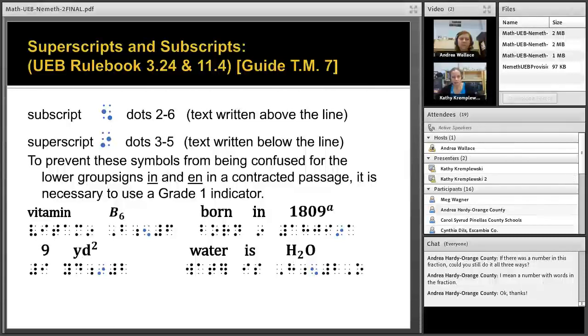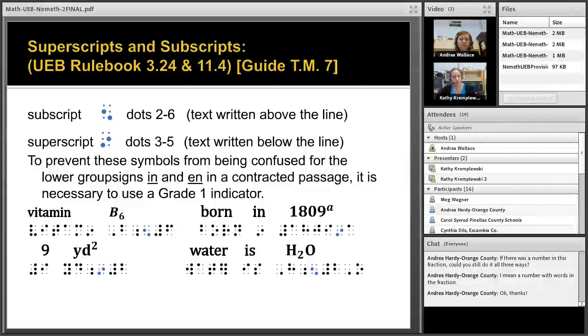Then, born in 1809, this one I actually corrected because when I used it in Pinellas, I had a grade 1 symbol indicator before that superscript A, which you don't really need because grade 1 numeric indicator starts grade 1 mode also. So that's why here you don't need it, just the superscript sign A. And you don't have to worry about the A being confused with a number because the superscript sign's in between them.